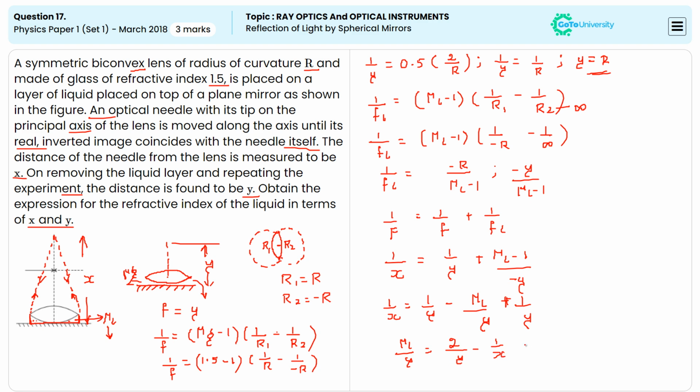Then mu L is equal to 2 minus y by x. This is the expression for the refractive index, that is mu L, of the liquid in terms of x and y.